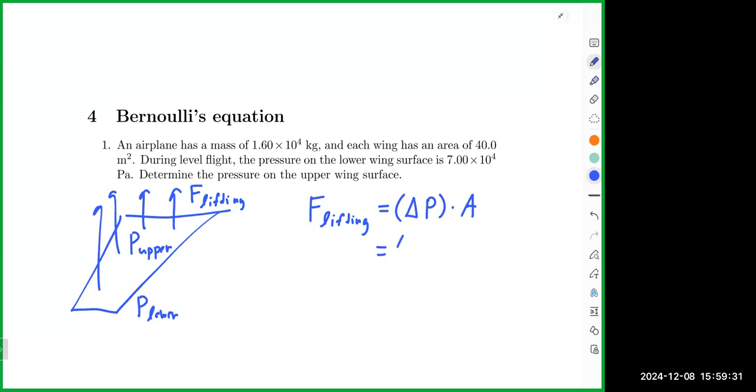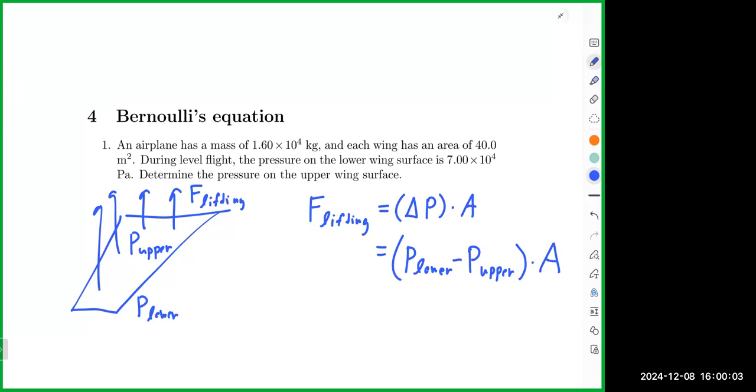It would be the pressure of the lower minus the pressure of the upper. The pressure of the upper must be less than the lower because there must be the lifting. Okay, the pressure of the under must try to compete with the upper.